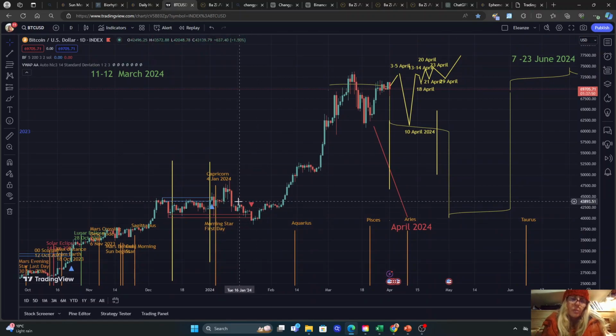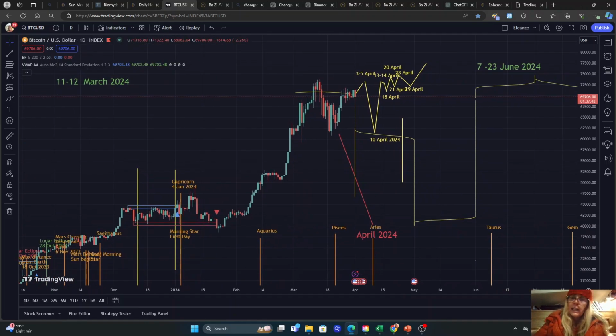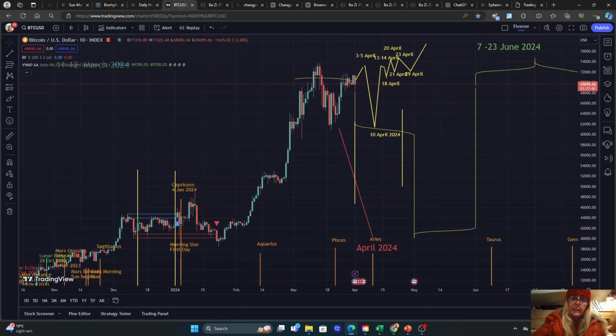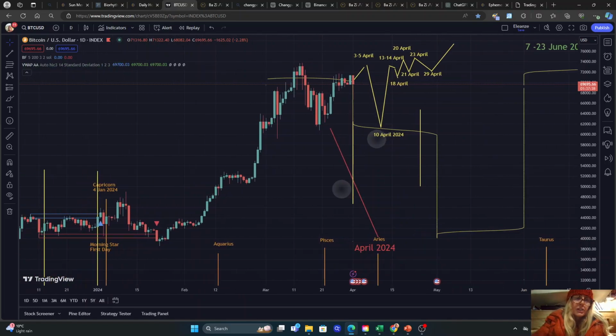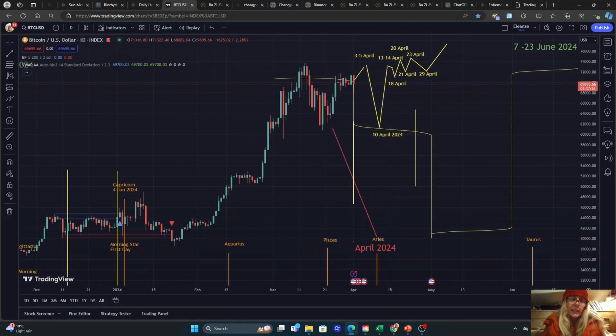It should have bounced off from there, but it didn't. It went all the way to 38,000. So to me, that was a sign that the 39,600 still needs to be established as support before we can progress in a sustainable way without crashing. So I actually expect that the 39,600, 39,800 will be revisited this year.